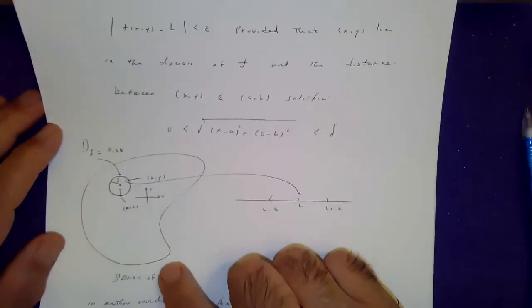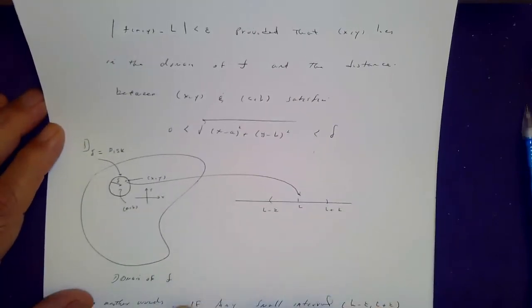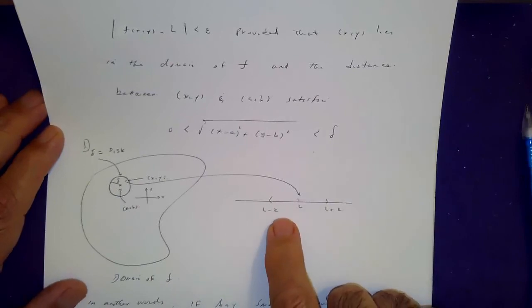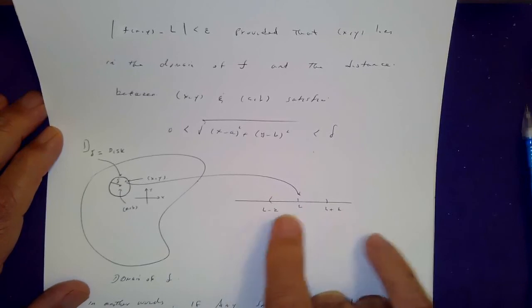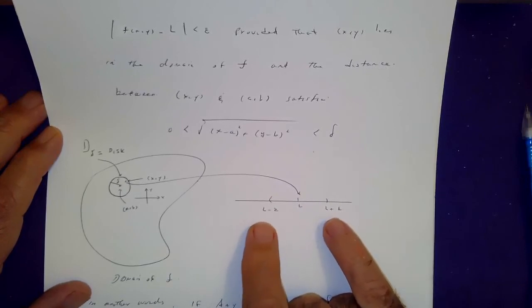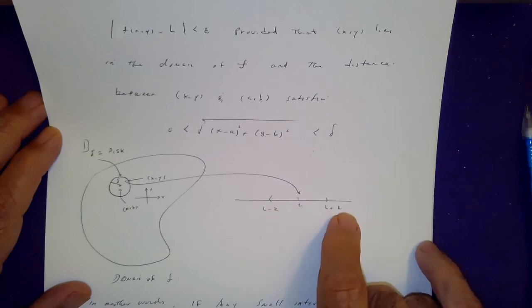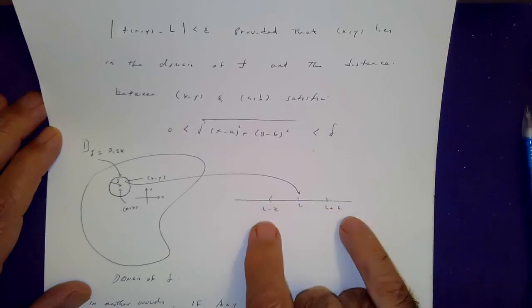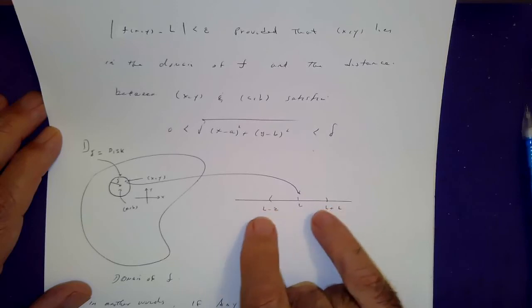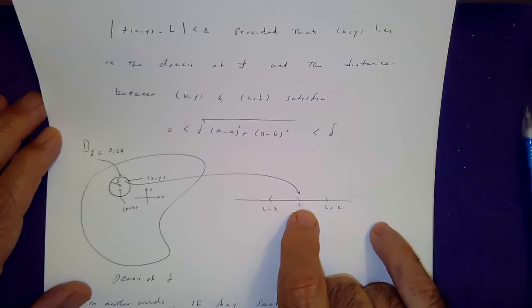What does that mean geometrically? Geometrically it means I'll give you epsilon. So your limit is supposed to be within this interval, L minus epsilon, L plus epsilon. So you cannot go outside of that limit. You've got to be as close as epsilon to your limit.